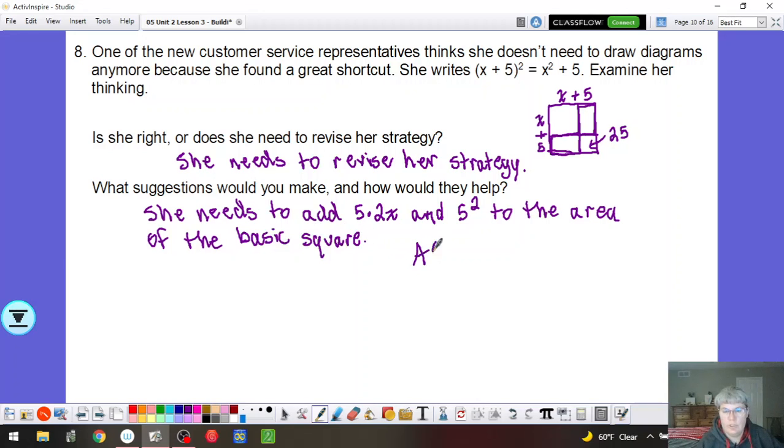So what she should have is A of x equals x squared plus 10x plus 25.